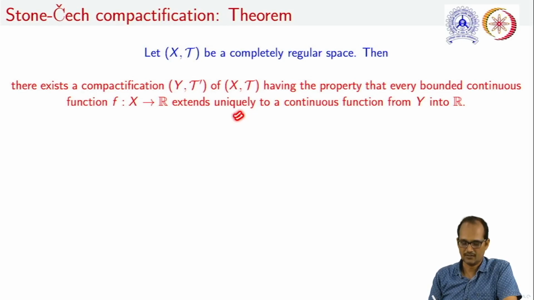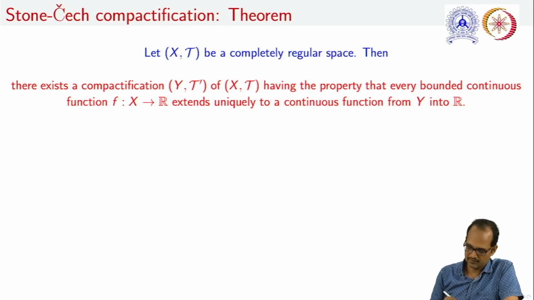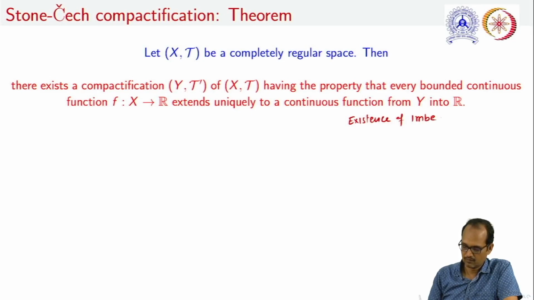First, we will discuss the existence of the compactification, and after that we will discuss the uniqueness of this extension. In order to construct the compactification (Y, tau dash) of (X, tau), what process will we adopt? First we will discuss the existence of an embedding, and how to do that?